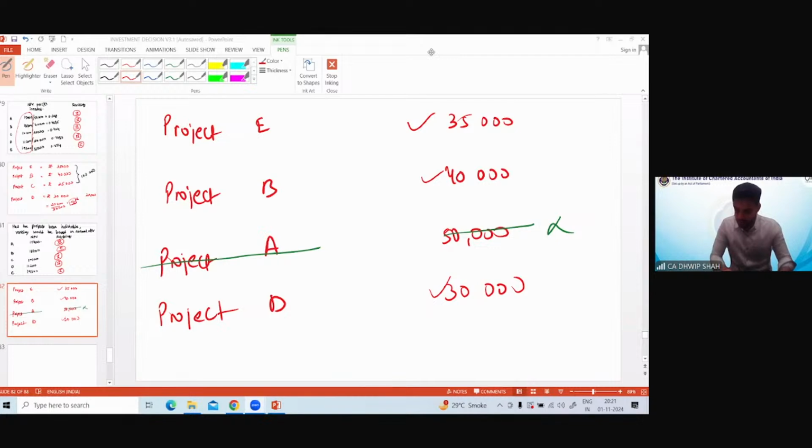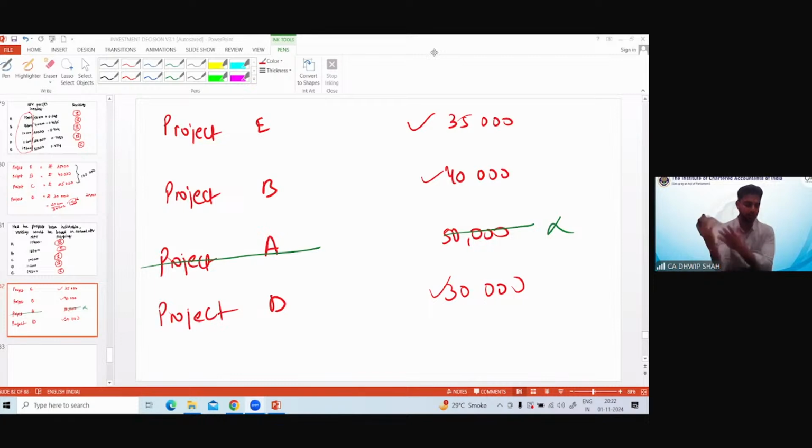So in indivisible, we have to take it fully. We don't have any option. Indivisible means either take the entire project or you have to ignore that project. This is what indivisible means. Part is not possible. As per the indivisible method, part is not possible. Either take entirely or ignore and look for other projects. Okay? What will we do with 15,000?